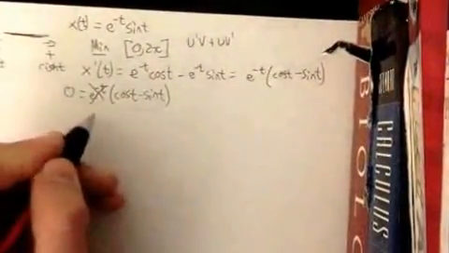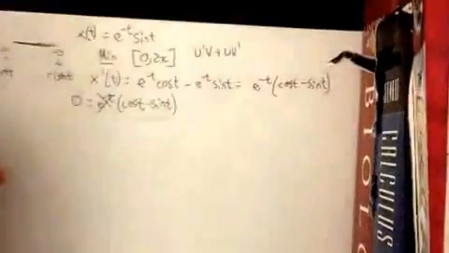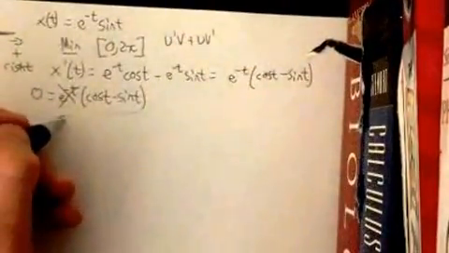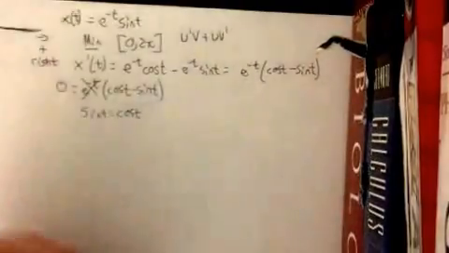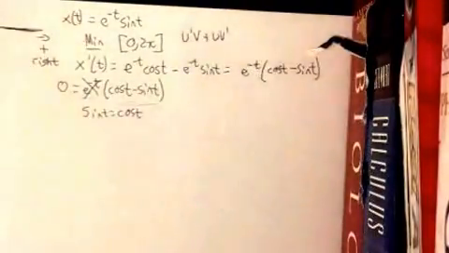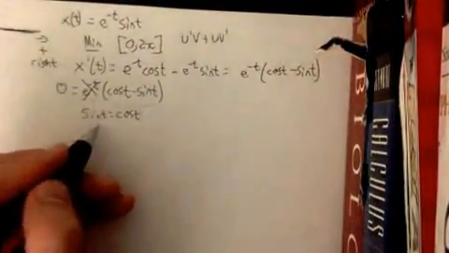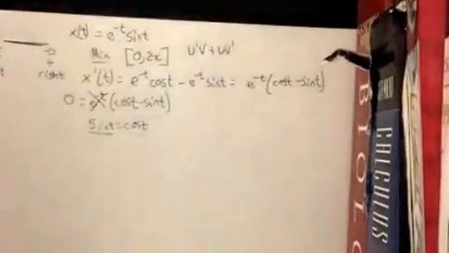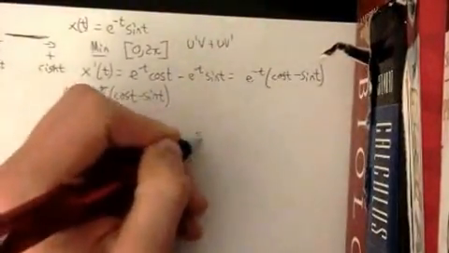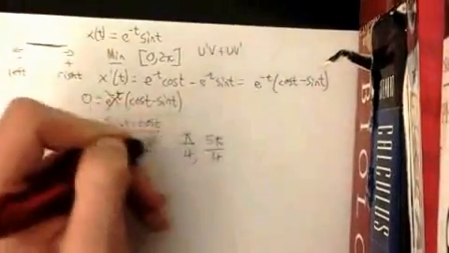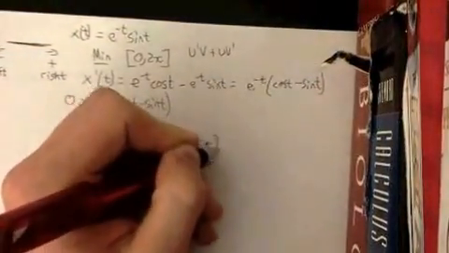Then we can add sine t to the other side. So we know when sine t equals cos t, there's going to be a critical number. At what points are these equal to each other? Well, we know from trig it's going to be pi over 4 or 5 pi over 4. So those are our critical numbers.